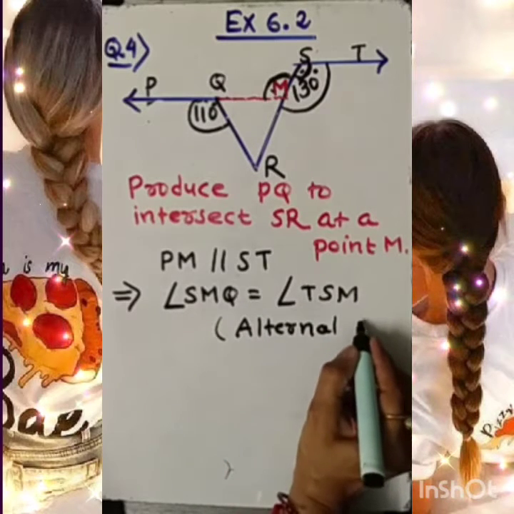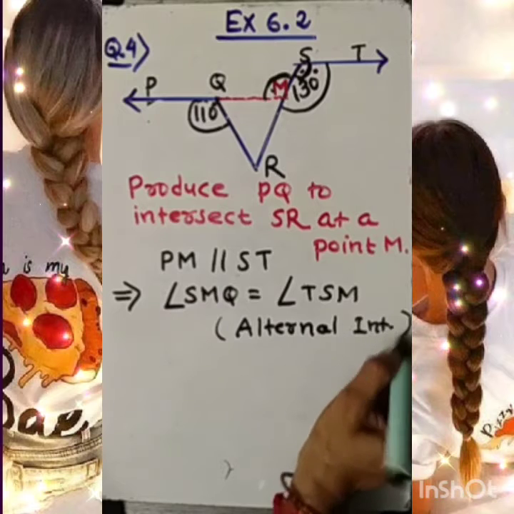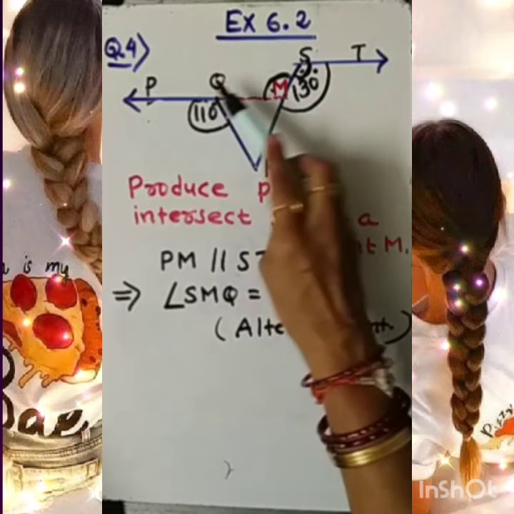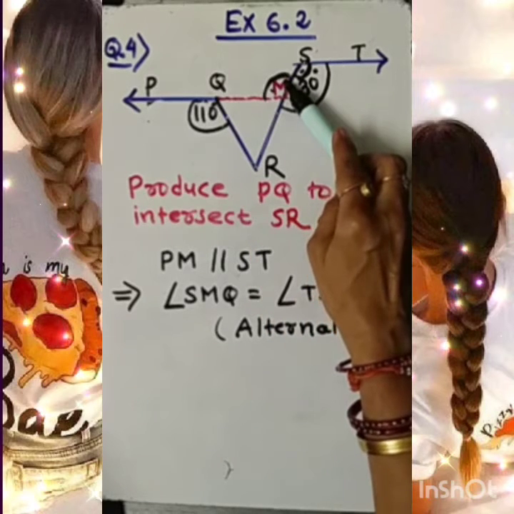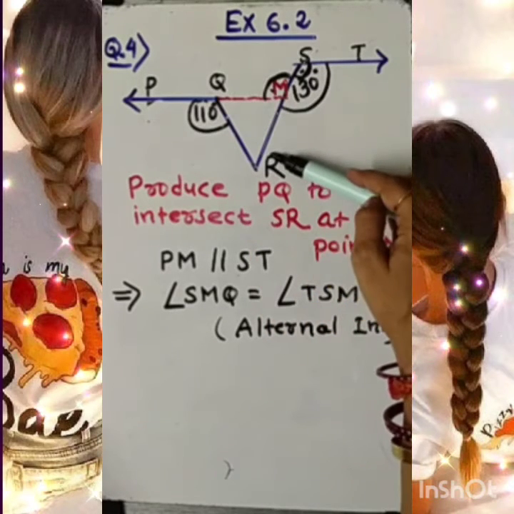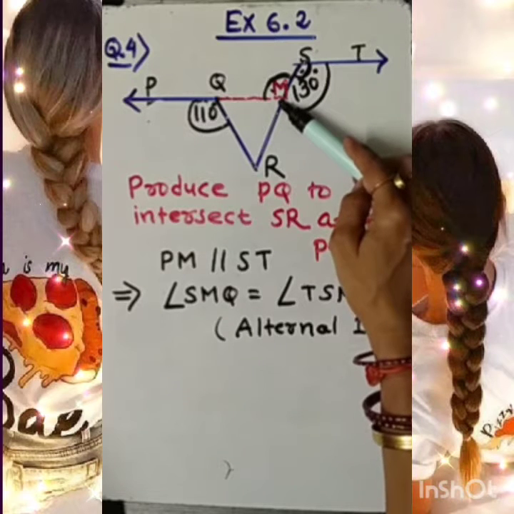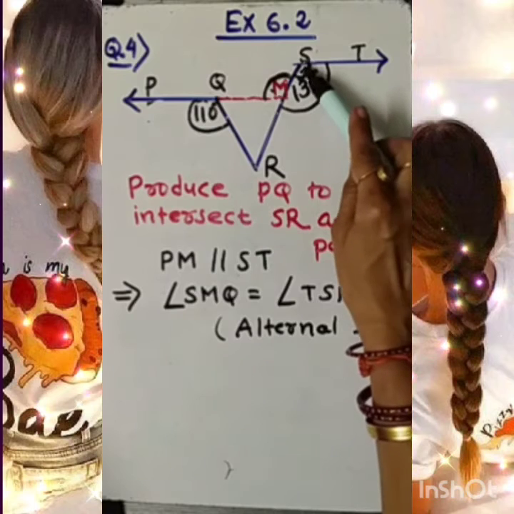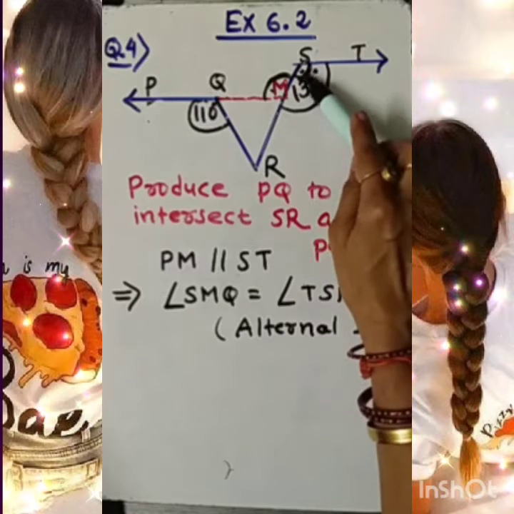Alternate interior angles. You are correct. Once again, look at your screen. Angle SMQ, this angle I am talking about, and TSM, this much I am taking. TSM, if you say TSR, then also it's correct. So this is also alternate interior angles.